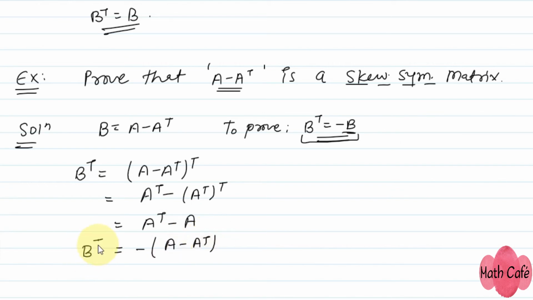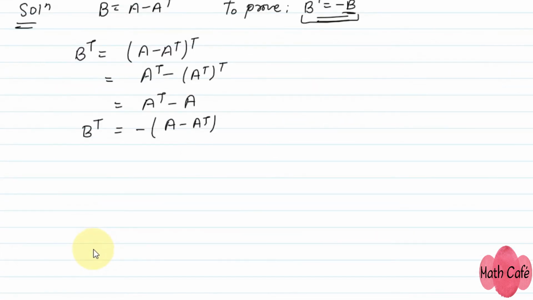So this is B transpose. As we know that A minus A transpose is equal to B, this expression is B. So we proved that B transpose is equal to minus of B. So matrix B, that is A minus A transpose, is a skew symmetric matrix. So let's move to the next example here.